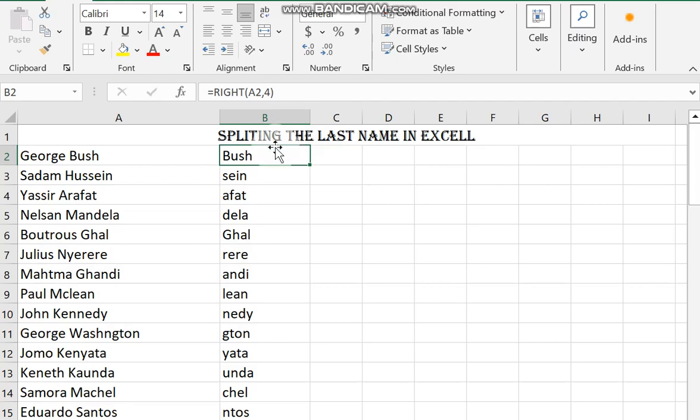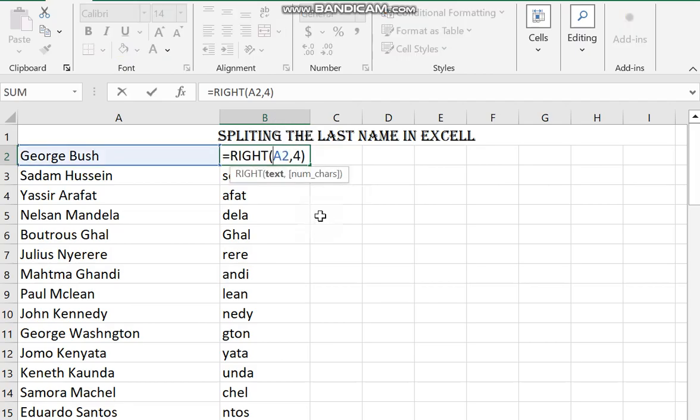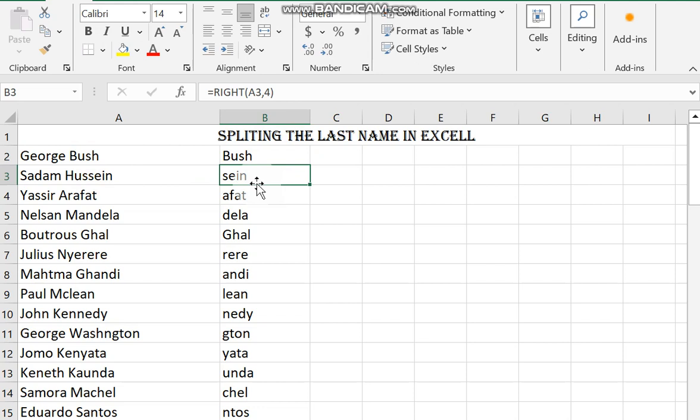The reason is there's a fixed formula here which demands only 4 characters from the right in this cell. So this consistency has brought 4 characters in every surname.